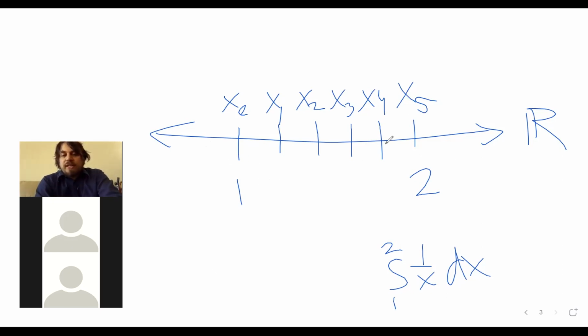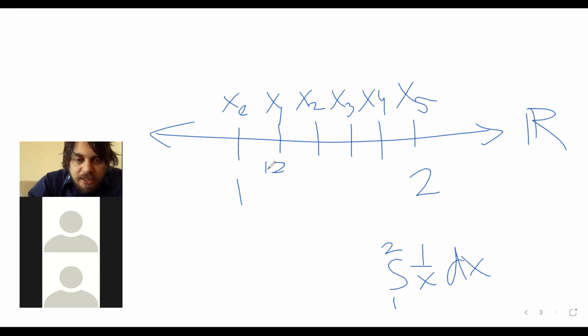Going from 1 to 2 is a length of 1, moved in 5 equal spaces, so each time you're moving 0.2.